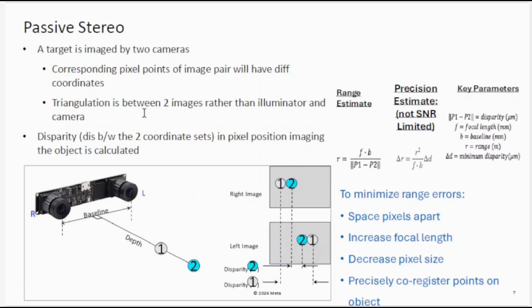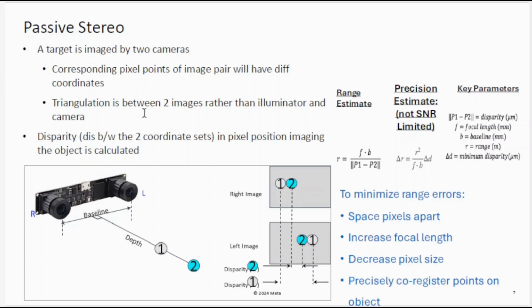So with that, let's go to passive stereo. This is probably something we're all familiar with. A target is imaged by two cameras, just like our eyes. You create a disparity map by pinpointing exactly what the pixel point of a point is for the image pair. The difference in distance between them on the image plane gets you the disparity.